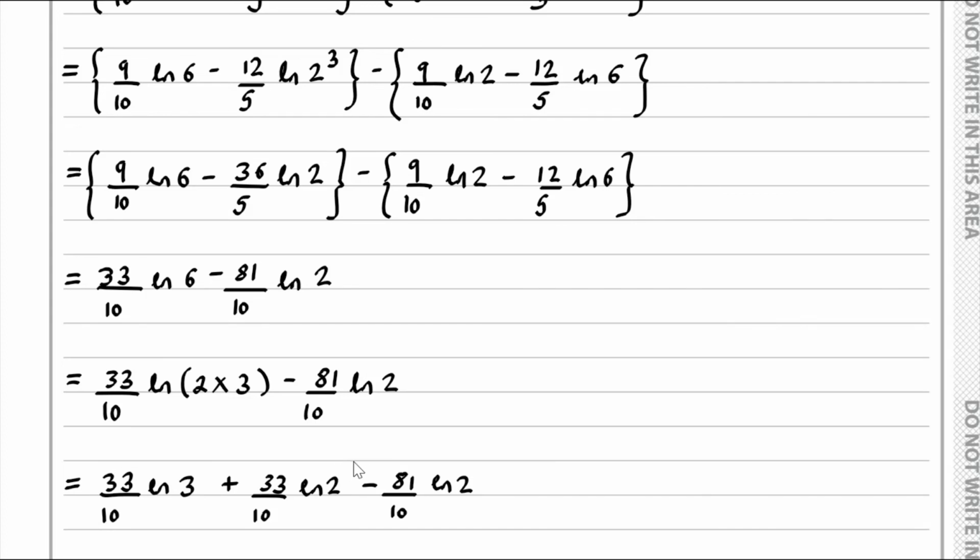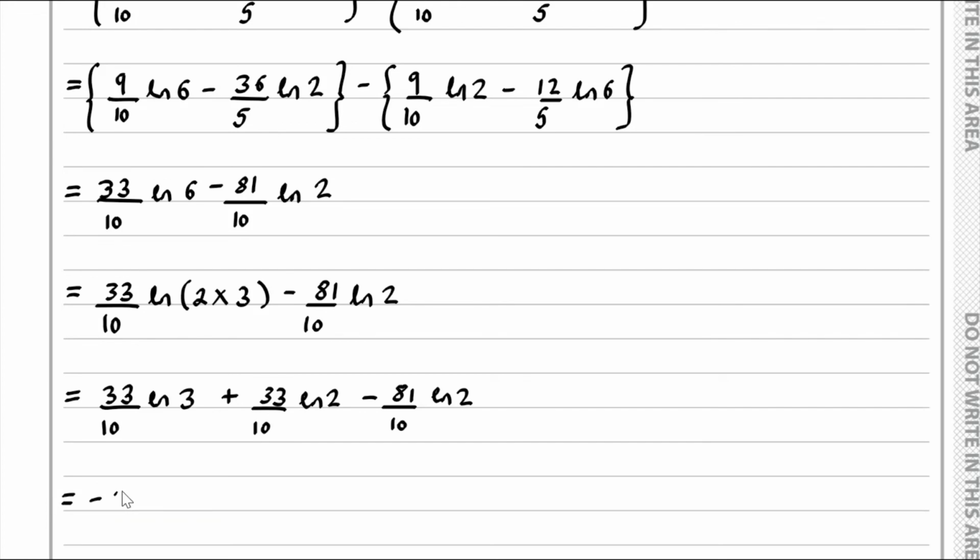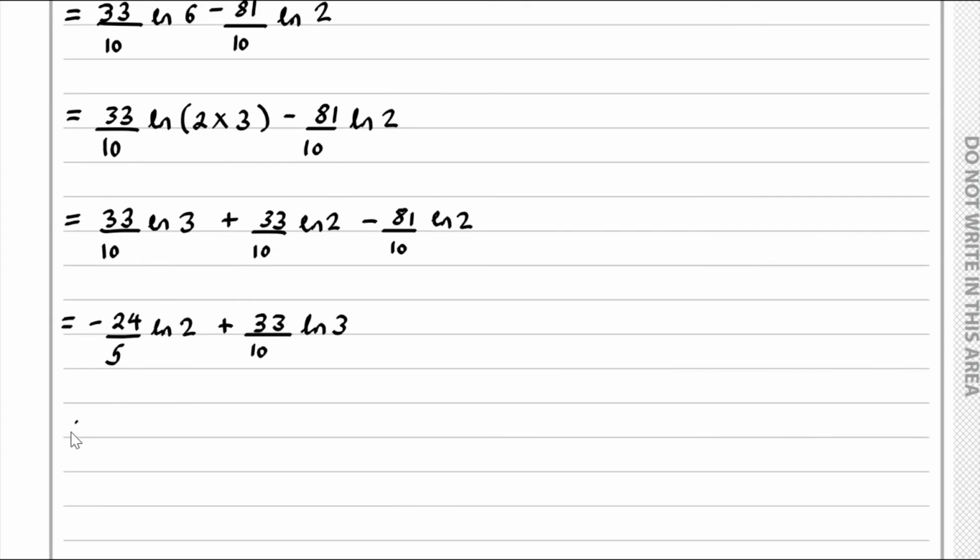And combining these, we end up with minus 24 over 5 times the natural log of 2 plus 33 over 10 times the natural log of 3. And therefore, in conclusion, A is minus 24 over 5, and B is equal to 33 over 10.